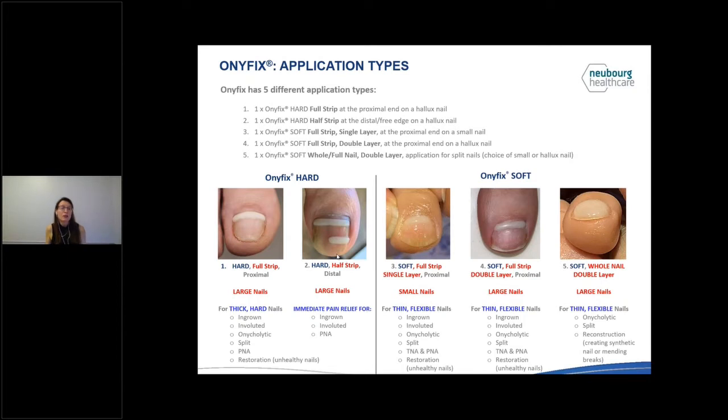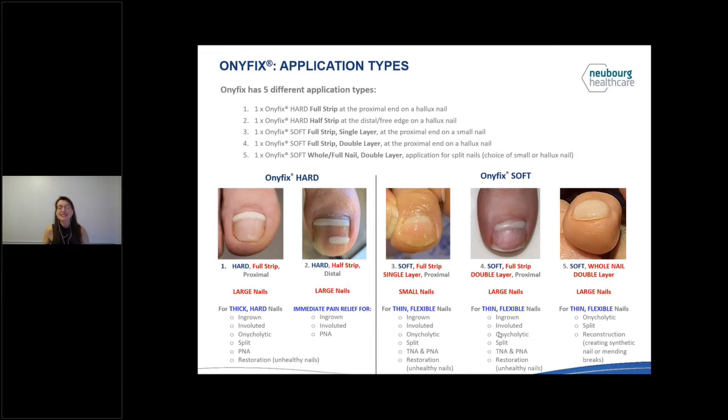It might only last a week or 2, it might last a month or more, but it's already nearing the free edge of the nail, so it won't last, and it's not meant to last. And that's okay. Just make sure that you set your client expectations so they don't feel upset that it fell off and think, oh, Onyfix doesn't work. It does. Trust me, it did its pain relief part, or in the case of PNA, its initial growth liftoff, which we'll talk about.